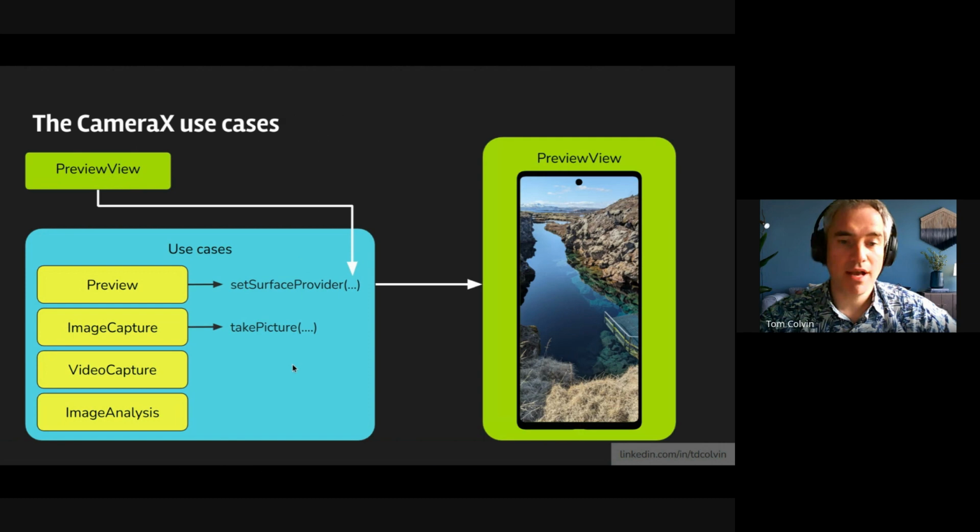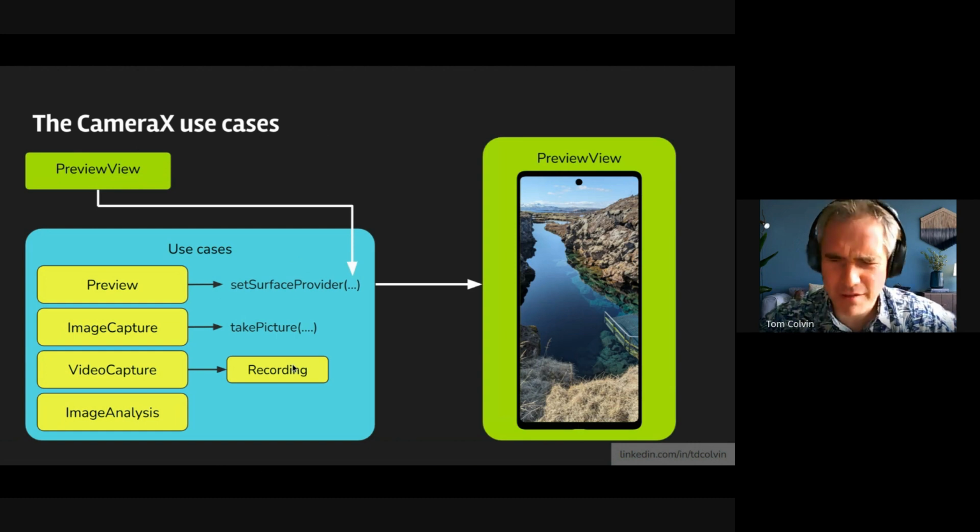Image capture has a function called take picture, which takes a picture. Video capture is always a little bit more complicated than image capture. So you get an instance of a class called recording out of the video capture, and you use that to manage the recording. And image analysis, the key method there is set analyzer. But as I say, there's more to it than just that. Those are the very most simple things.